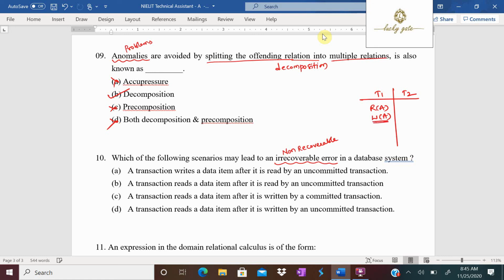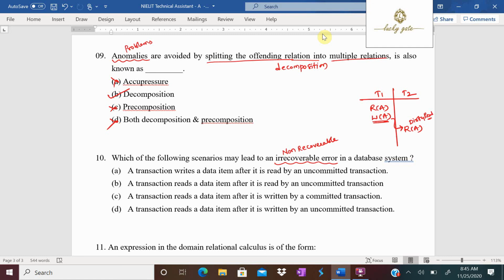And whatever data item is updated by some transaction T1 is read by another transaction before that update becomes committed. Before the update is committed, it is reading a data item that was previously written by T1. That read is called a dirty read.